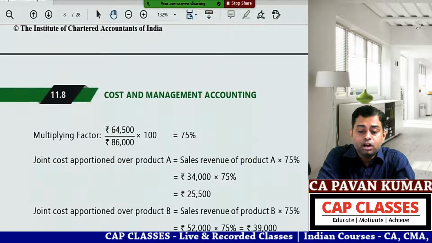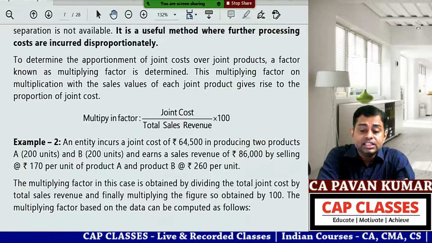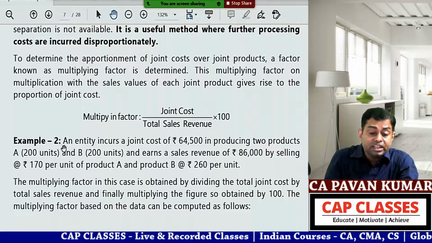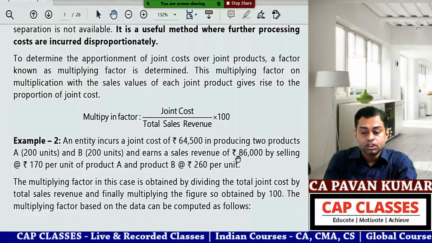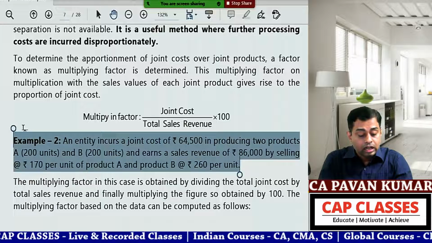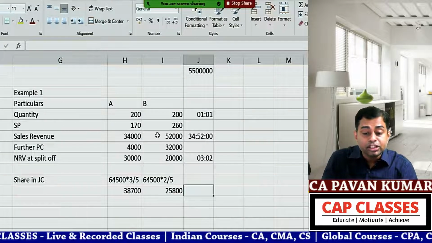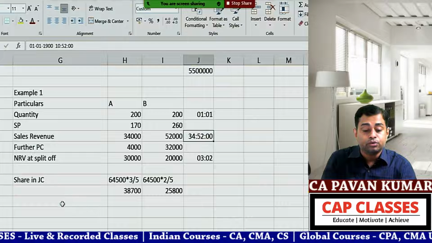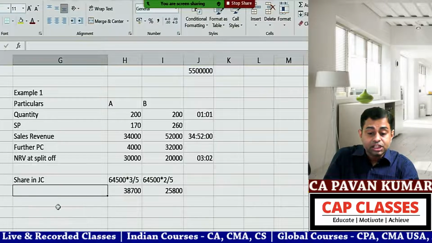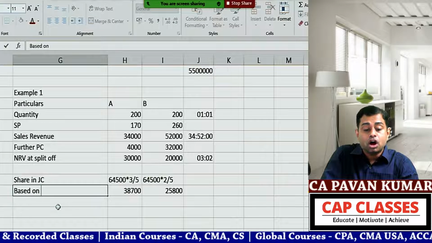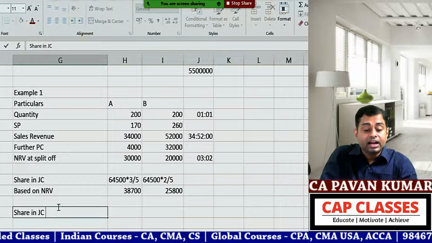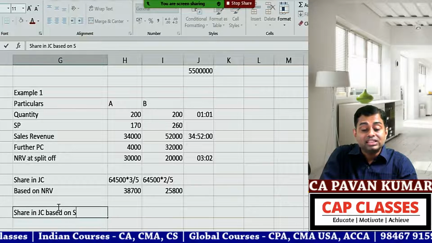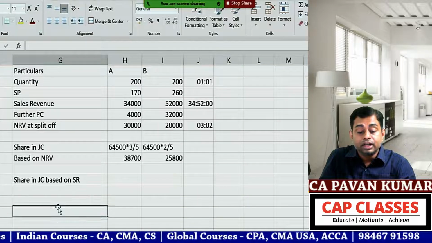See, this is method 2, which is based on total sales revenue. So same data we take. Now we apportion based on sales revenue, 34:52. The earlier one was sharing joint cost based on net realizable value. Now we calculate sharing joint cost based on sales revenue. Simple.